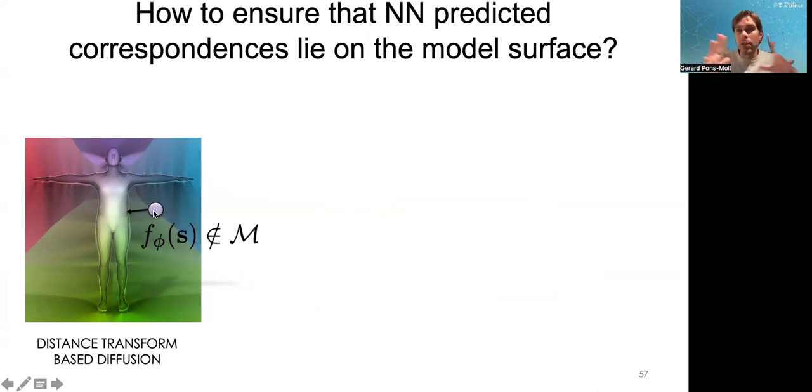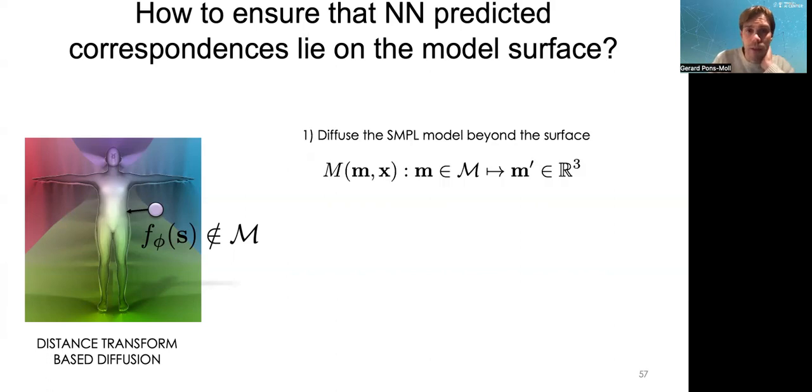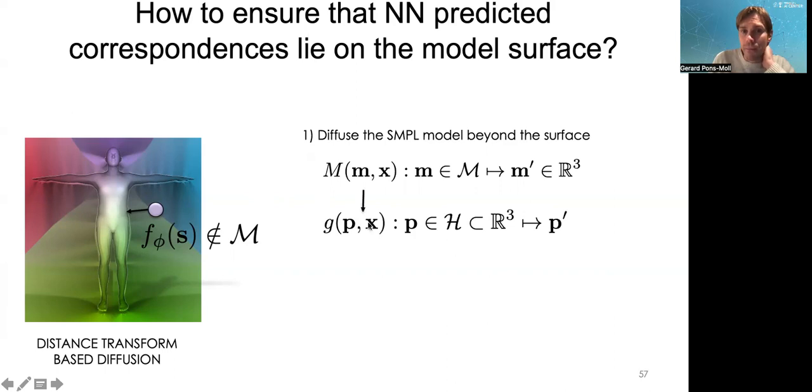You could think of this distance transform as diffusing the function that is defined on the manifold towards the full 3D space. So essentially that's the idea. You diffuse the simple model beyond the surface, obtaining a new mapping that maps points in 3D space to deformed points in the posed space. So this is a mapping from surface to surface, and this is a mapping from 3D points in space to deformed 3D points.